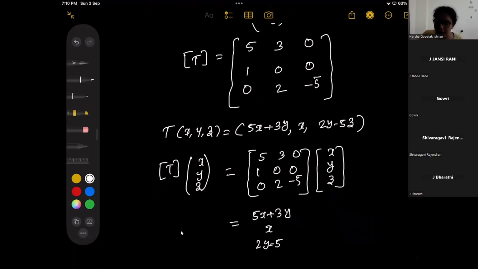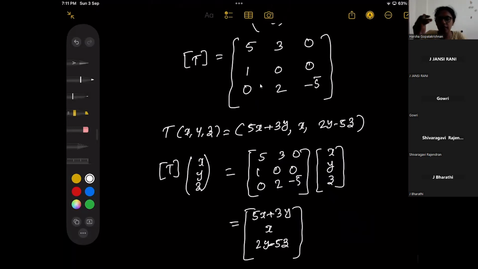This is exactly our linear transformation. If we have a matrix, we can write the linear transformation, and if we have the linear transformation, we can write its matrix form.